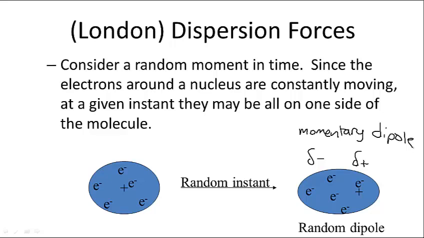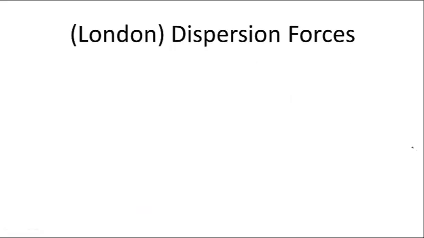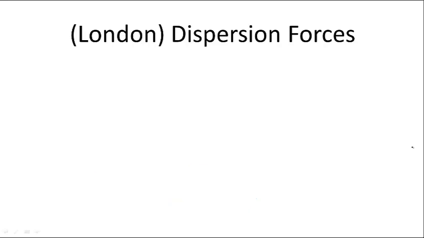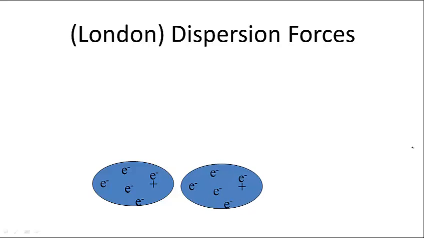Oh, and I wrote down there random dipole. All right. So if that random dipole approaches another nonpolar molecule, just like we saw with dipole-induced dipole forces, it's going to cause the electron cloud on the other molecule to move to one side. So now I have two sort of dipoles next to each other.